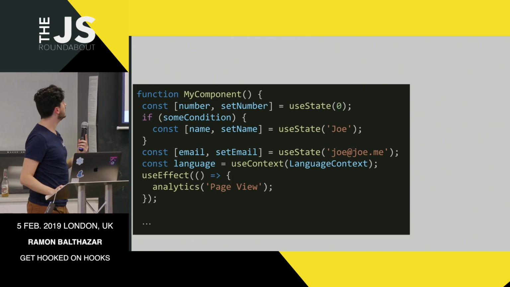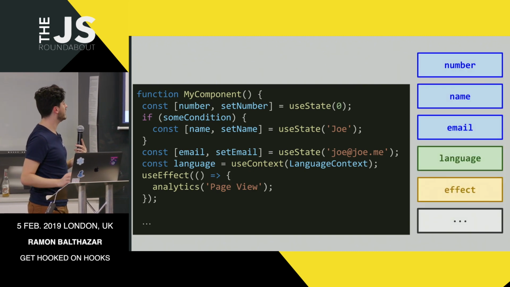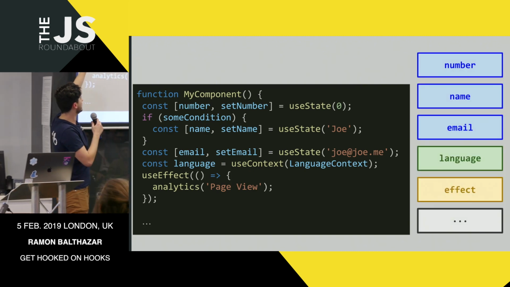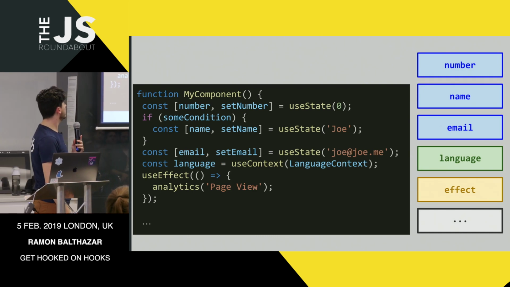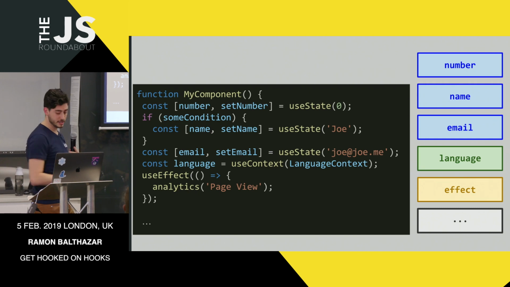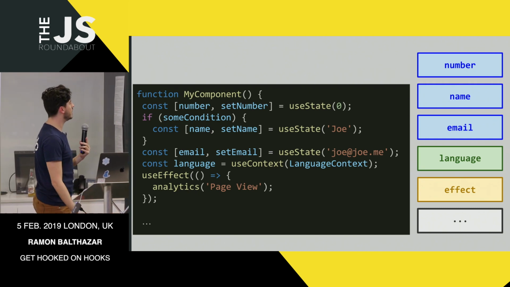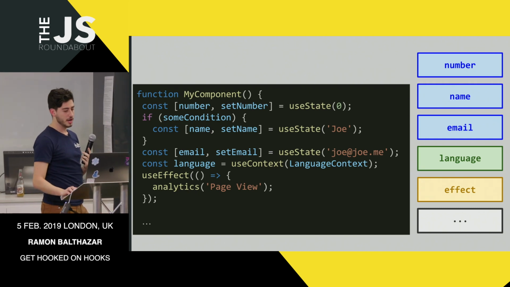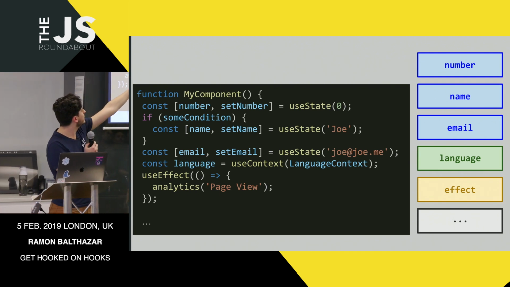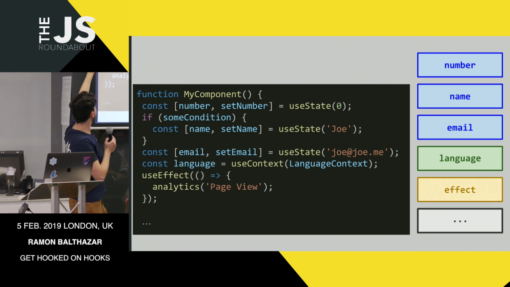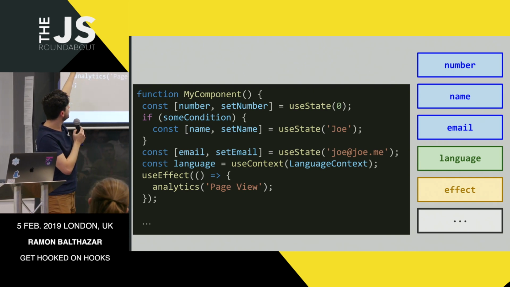Say you've got a condition in there, and the condition is satisfied on the first render, then we get that order. In the second render, the condition is not satisfied anymore, and the number will be called, and you fetch the wrong thing. You ask for email from the state, and you look, okay, next thing, name.